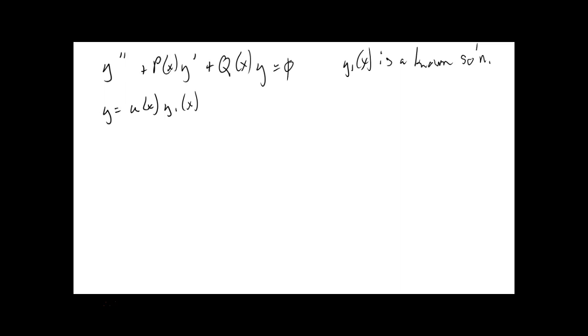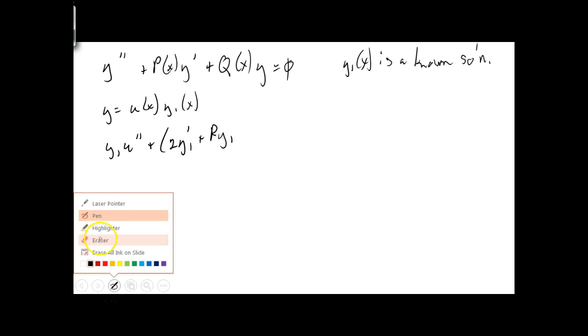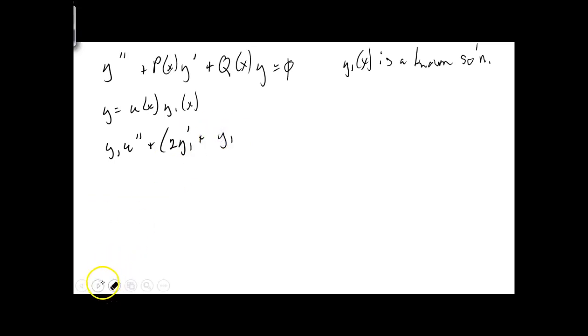And then we carried that through, did the first derivative, the second derivative, the product rules, all those kinds of things, and we came up with an expression that was, and I'll rewrite it, this is what we had left over: y1 times u double prime plus 2y1 prime plus p y1 times u prime, and that's equal to 0.